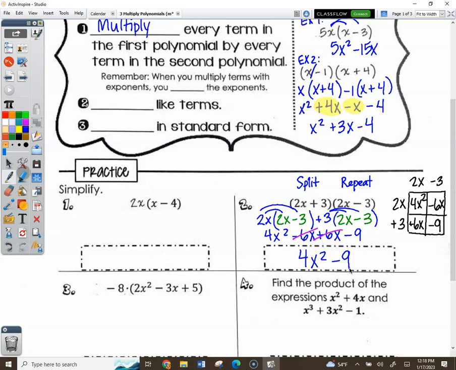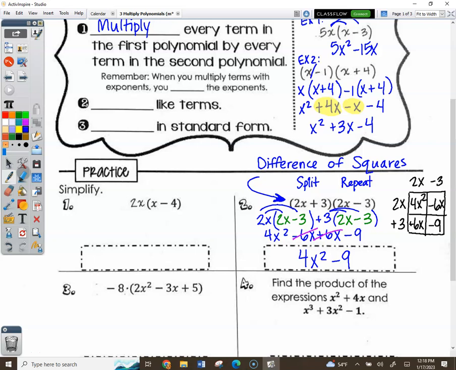There's a vocab phrase I want you to write down wherever you can find room, and draw an arrow to this example. This is called a difference of squares. A difference of squares comes up in all future math classes, especially Algebra 2, which you have to take next year.